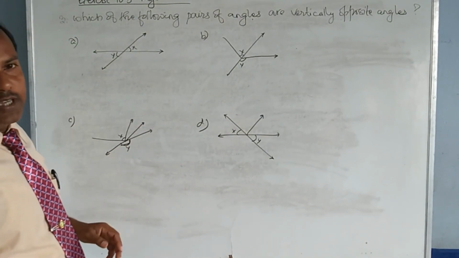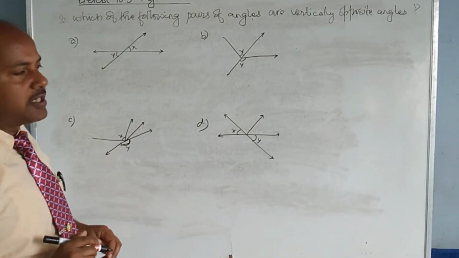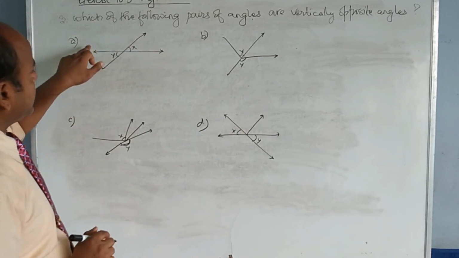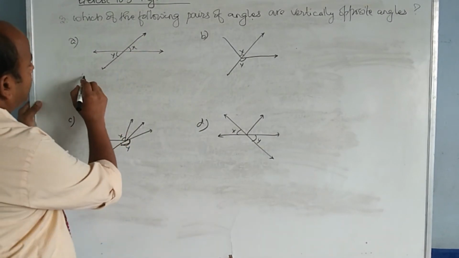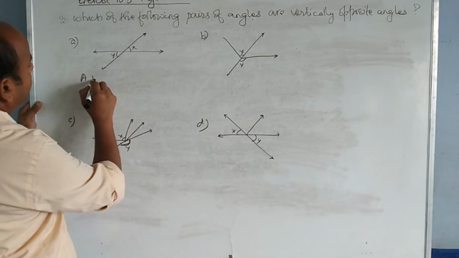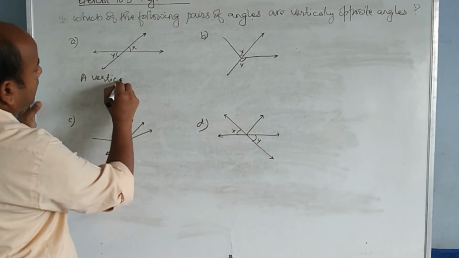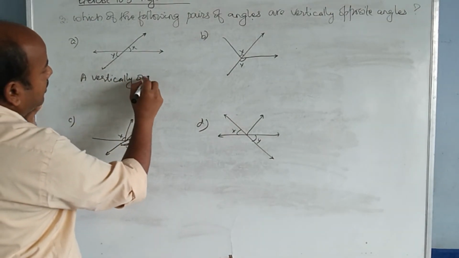In vertically opposite angles, two lines must intersect each other. Do we have two lines here? Yes, they are intersecting each other. So, vertically opposite angles.